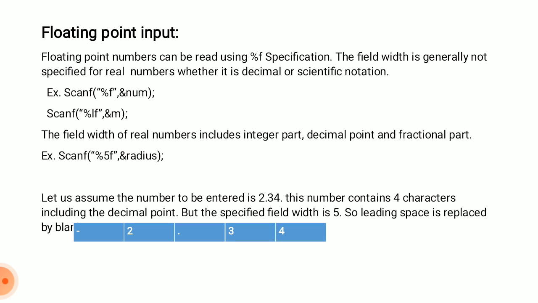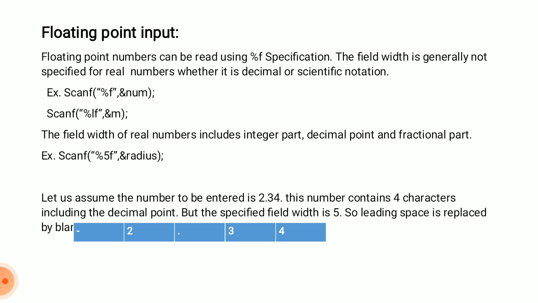So this number contains 4 characters, including the decimal point. 2.34 is 4 characters, but the specified width is 5. As I have given in the example, 5 is the specified width.